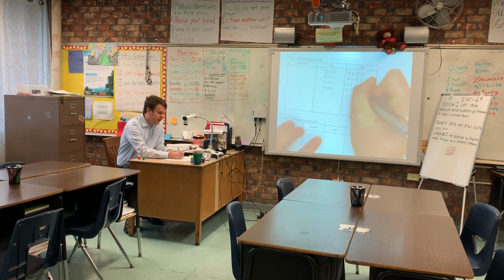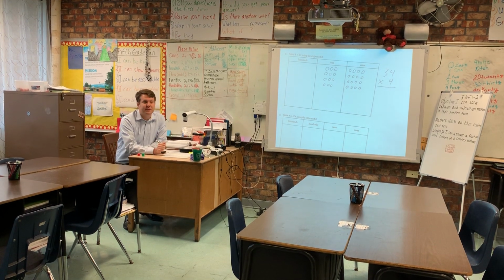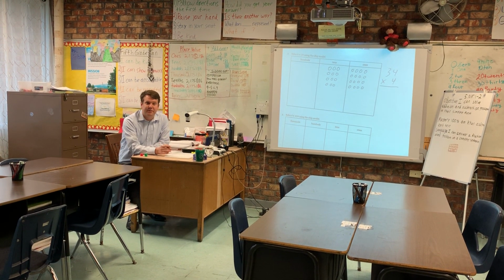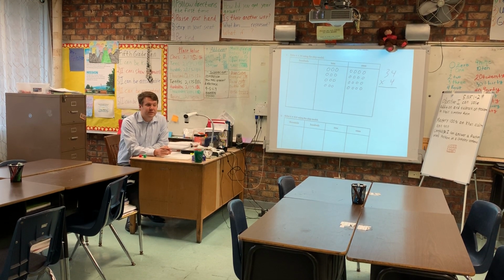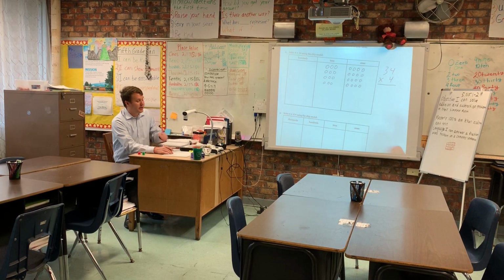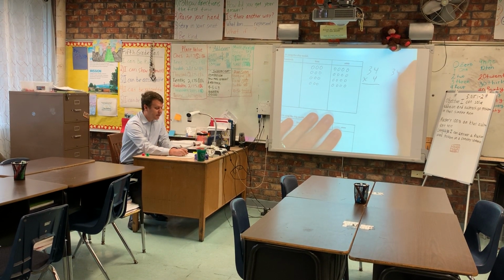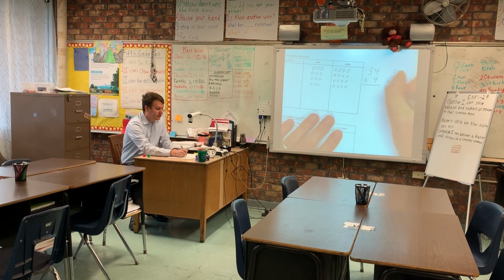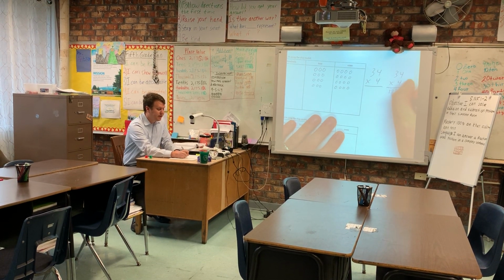And while you're catching up, can anyone tell me what's different about this problem than the last one, besides the fact that we're using a chip model? Yeah, right, we have to regroup, right? So if they're unfamiliar with multiplication, or all they've seen is a standard algorithm, they might set this up like this: 34 times 4, 4 times 4 is 16, 4 times 3 is 12.